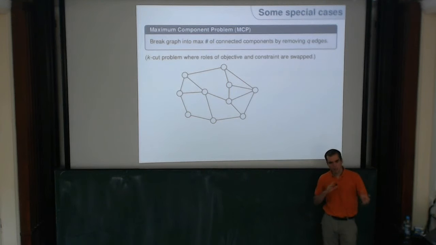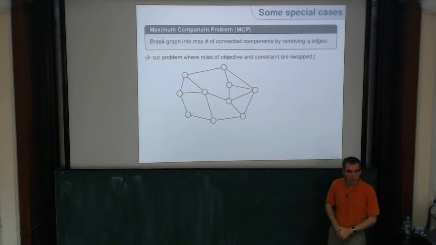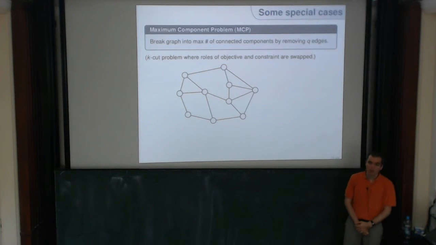The K-cut problem would ask you to create K connected components by removing as few edges as possible. So it's the reverse: I tell you how many edges you can remove, and you want to maximize the number of components. This already shows NP-hardness, because the K-cut problem is NP-hard, and if you can solve this, you can solve the K-cut problem. So that problem is really just a very special case of minimum spanning tree interdiction.